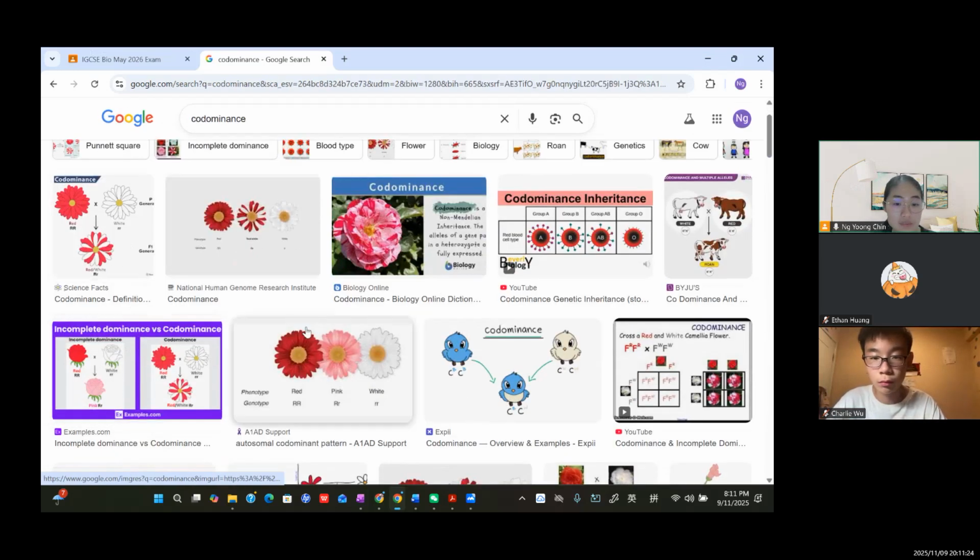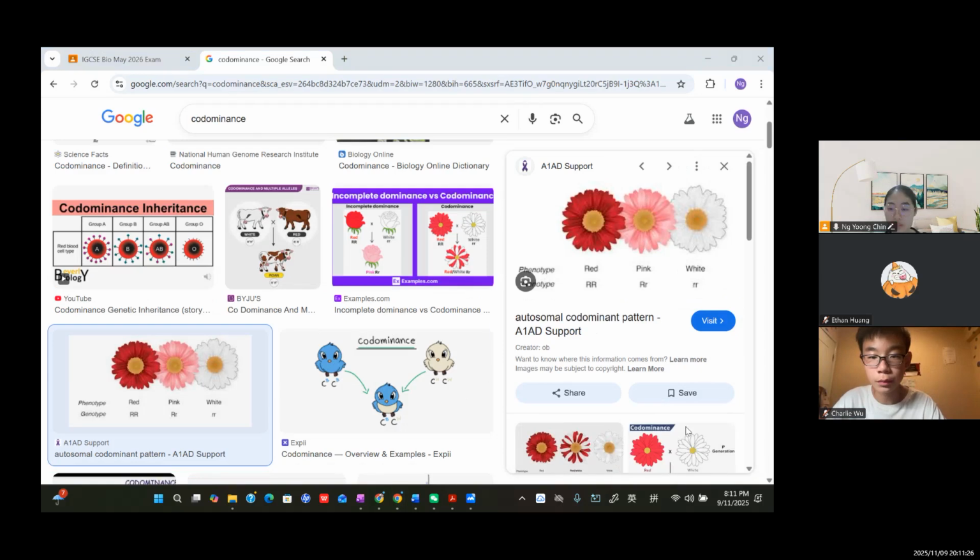So like this, you have the red flower, which is both of them are in the red, the big R. You have the white color flower, which has a small r, and then pink color. You can see pink color is between the red color and the white color. So this is their genotype, one big R, one small r.